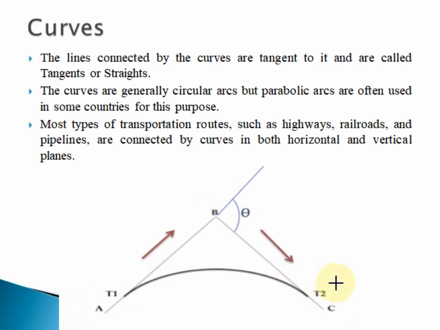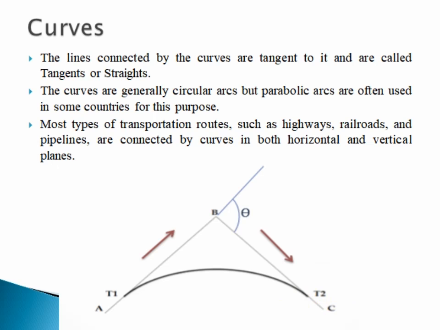These are the two tangents. So the lines connected by the curve are tangents to it and are called straights or tangents. The curves are generally circular arcs, but parabolic arcs are often used in some countries for the purpose.